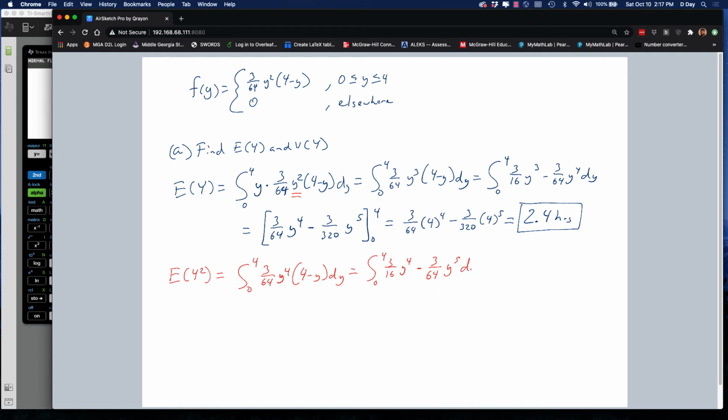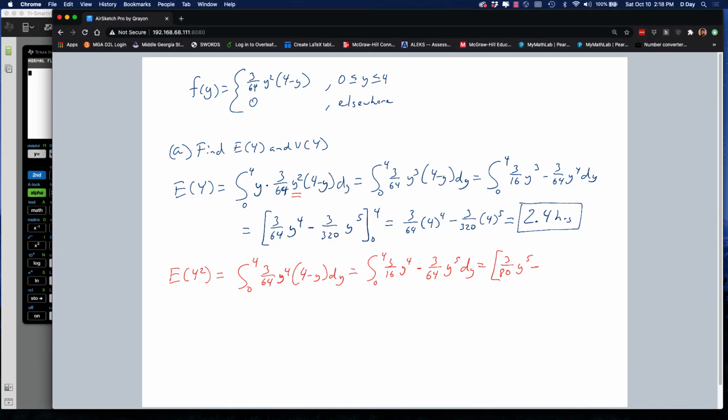Now we integrate this. y to the fourth becomes y to the fifth over 5, so that becomes 3/80 times y to the fifth, minus y to the fifth becomes y to the sixth over 6, and 6 times 64, so that fraction will reduce to 1/128.